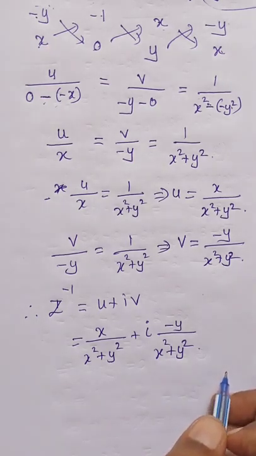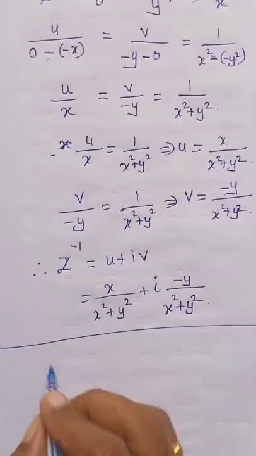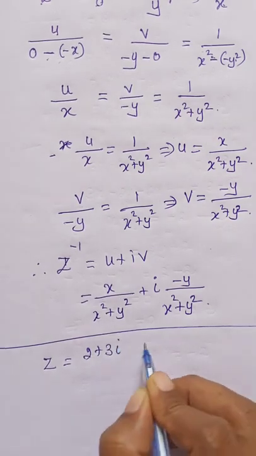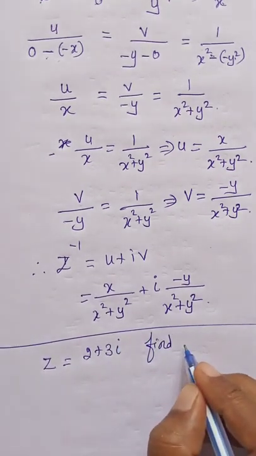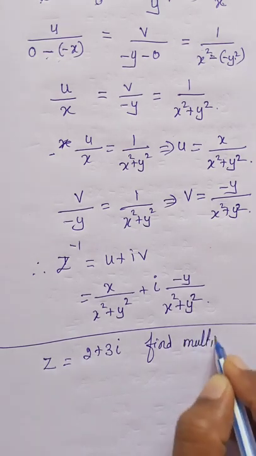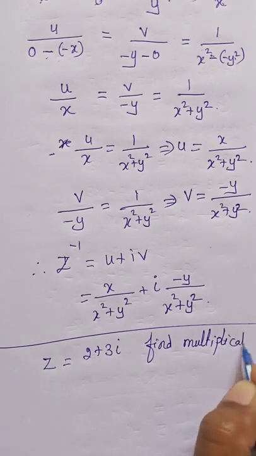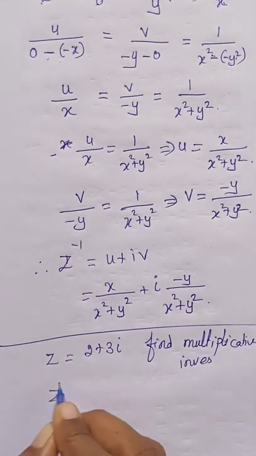For ordinary numbers also, when they give, it is easy for us to find out. Say for example, if z is equal to 2 plus 3i, find the multiplicative inverse. So that is z inverse, isn't it?